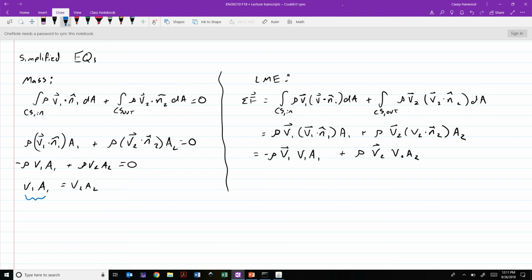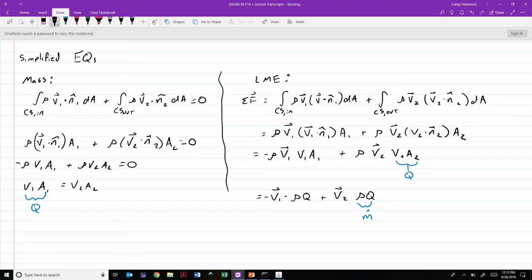Okay, we could also write this as Q, right? Basically, that V1 A1 is equal to the volumetric flow rate. So we can recognize that this quantity is Q. And if we wanted to, we could rewrite this as negative V1 times rho Q plus V2 times rho Q, where rho Q is equal to m dot, density times volumetric flow rate.